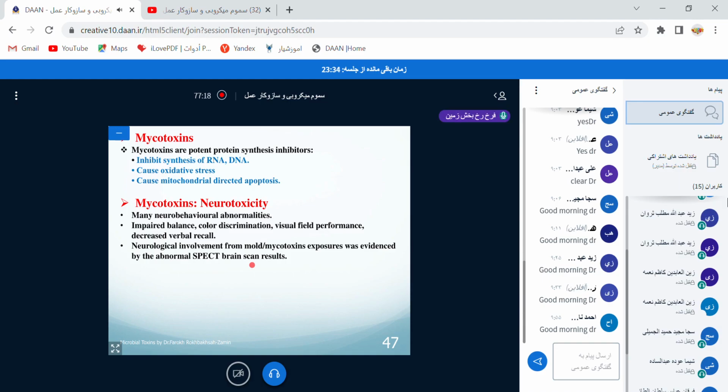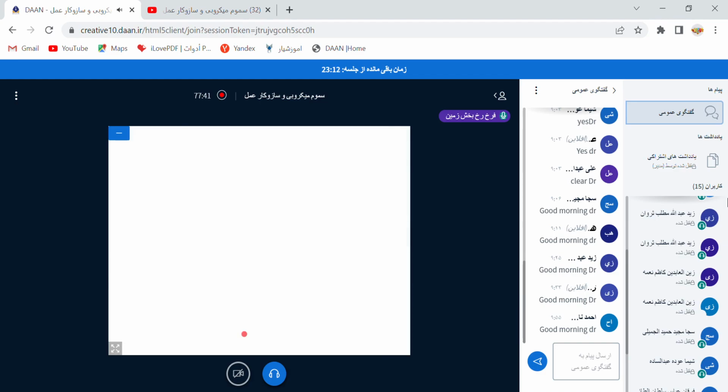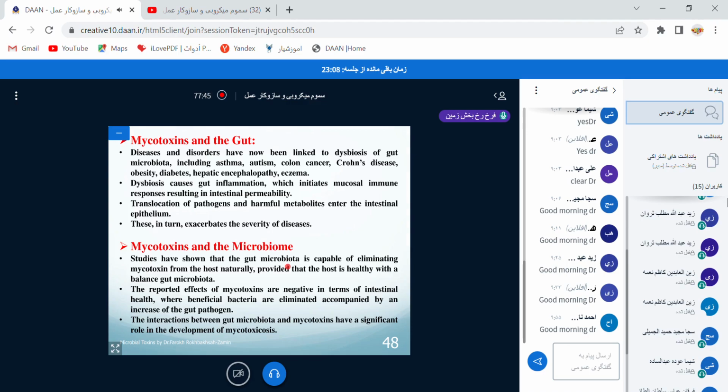So as soon as one person understands food has a problem, buying food from good places, from a good brand, is more helpful in lowering the pressure of the mycotoxin on different parts of the body, especially the nervous system.